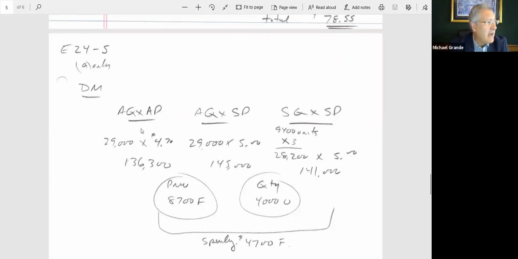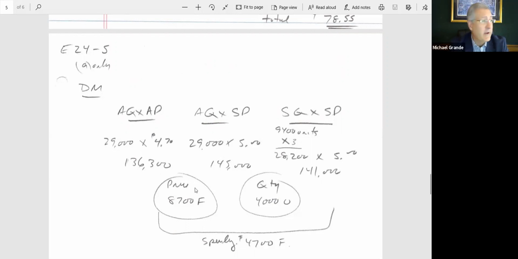So the actual versus this number in the middle, AQ times SP. The actual quantity was 29,000. They should have paid $5 per unit. This middle number is $145,000. The difference between the middle and the actual, $8,700 favorable price variance.